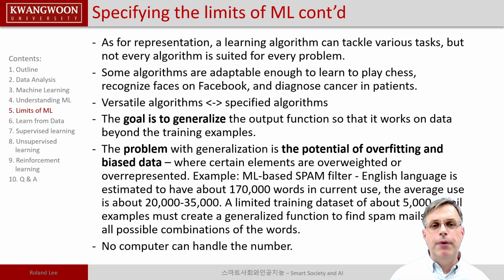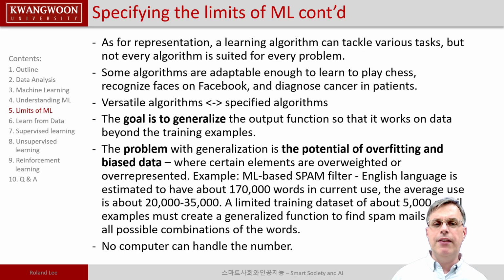Now, for example, consider a machine learning based spam filter. The English language is estimated to have about 170,000 words, and the average adult usually uses 20 to 35,000 words in their vocabulary.